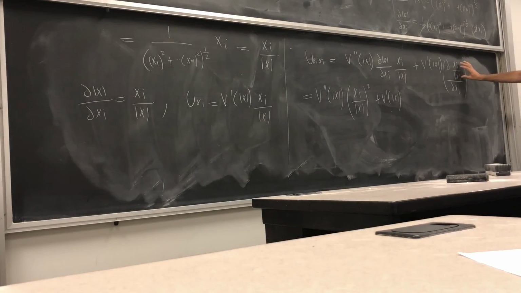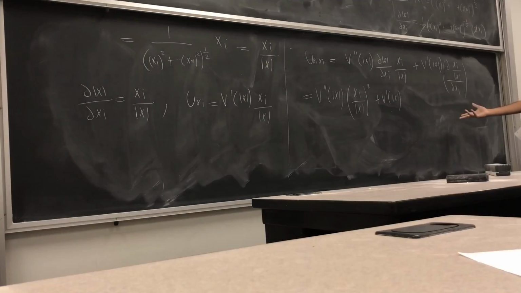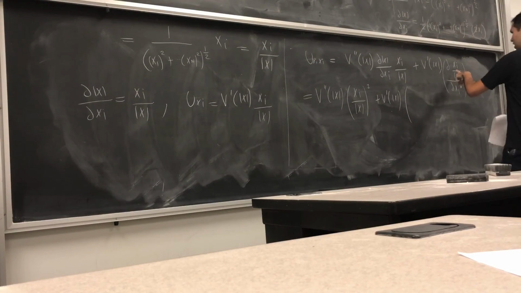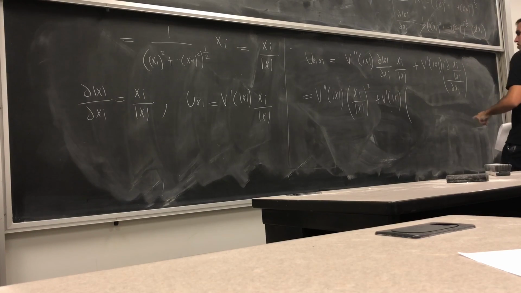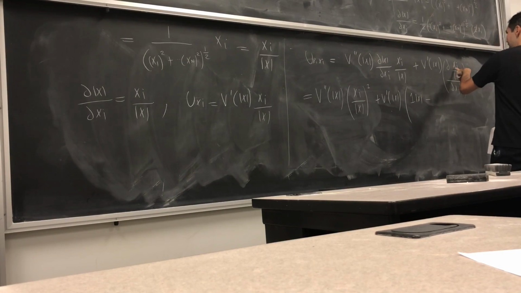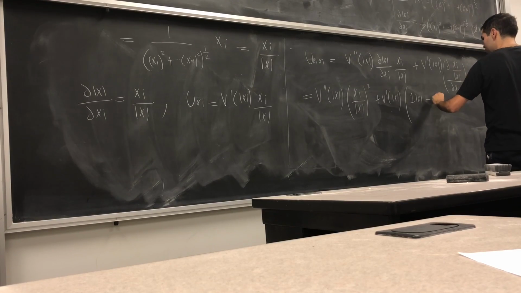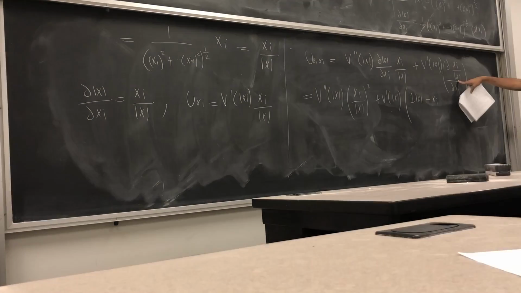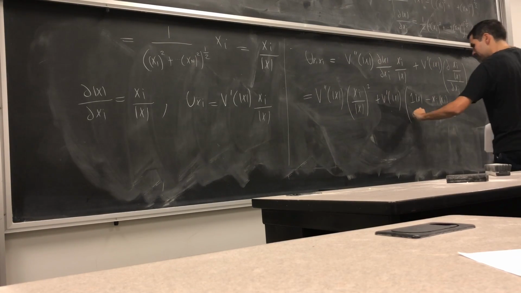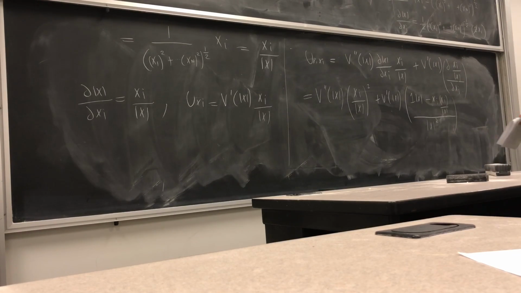And now you want to differentiate this carefully using the quotient rule. So we have the derivative of this, which is 1 times absolute value of x, minus, you leave that alone, and you're differentiating absolute value of x. So it becomes xi over absolute value of x, divided by absolute value of x squared.